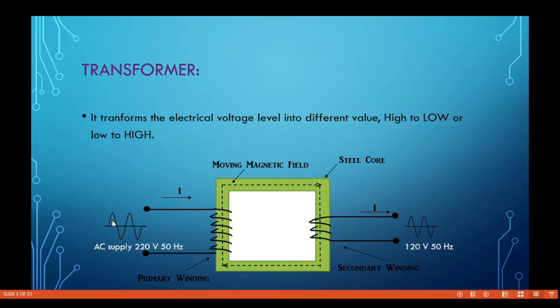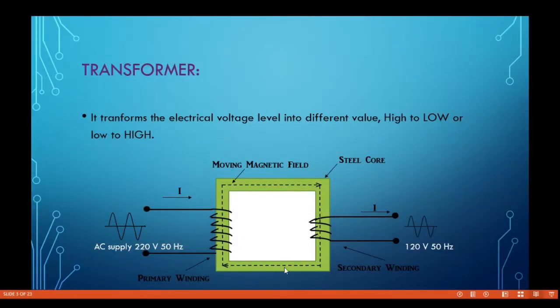In the first half it is positive, in the second half it is negative. As the current direction changes, the magnetic field passing through the circular winding changes, and this moving magnetic field induces a corresponding changing magnetic field in the secondary, which produces the current in the output.